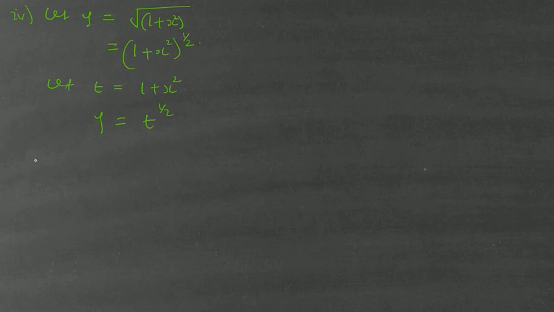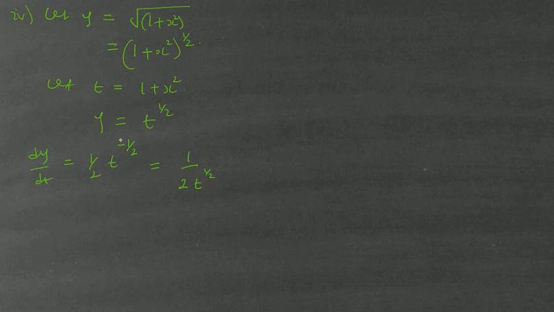So we get dy/dt equals a half drops, t to power a half minus 1 becomes negative a half. This will be the same as 1 over 2 t to power a half.